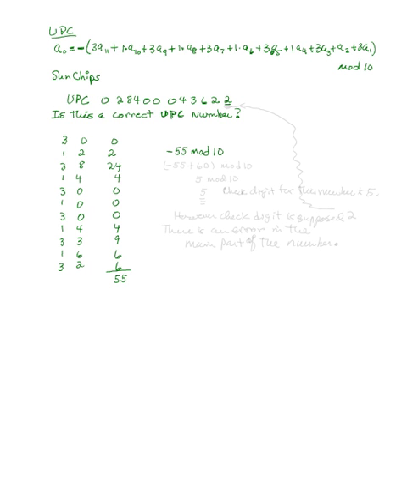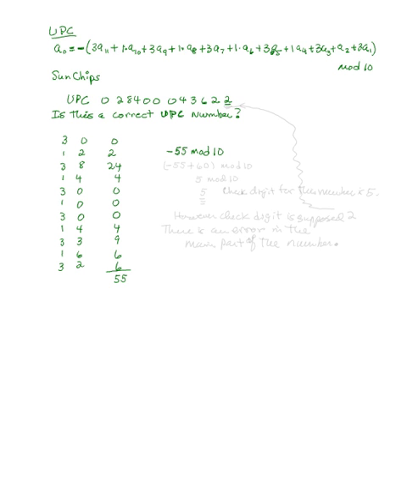Now again, I'm going to refer you back to the tutorial on mod arithmetic, but to find the mod value for negative 55, one of the basic rules in mod arithmetic, or one of the conclusions in mod arithmetic that you can use, is that if you add multiples of 10, it won't change the mod value.